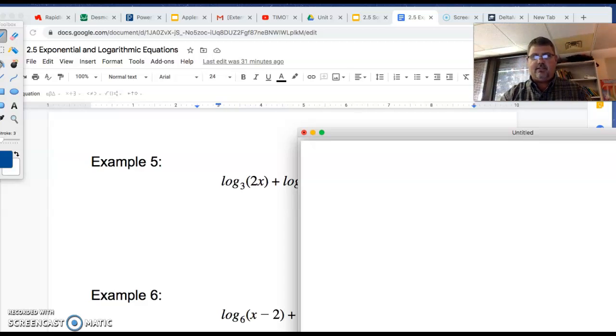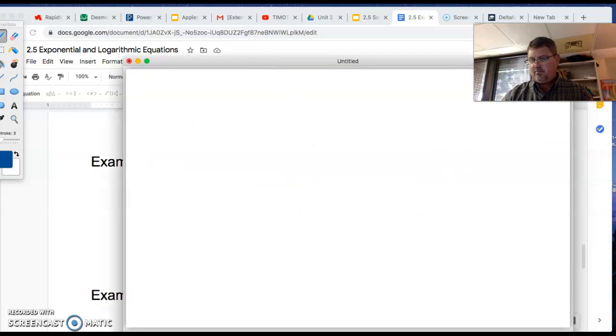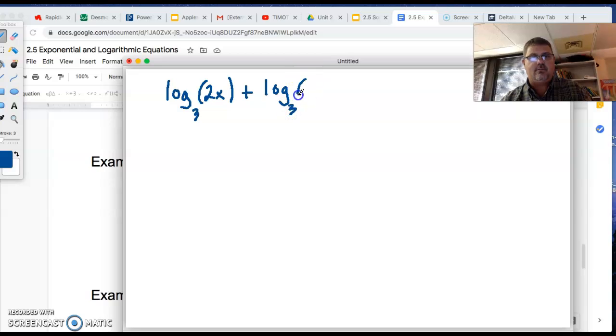All right, let's get this thing put in the right spot. So we want to look at log base 3 of 2x plus log base 3 of 4, and that is 5.